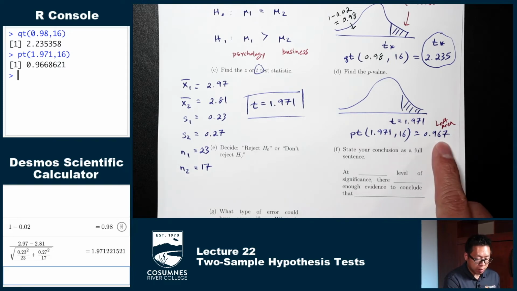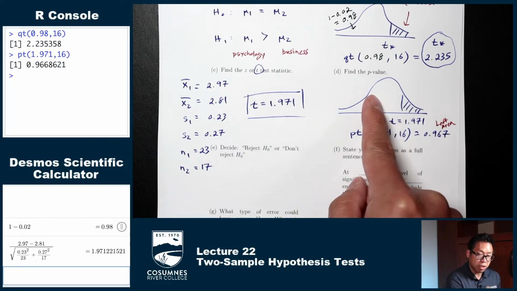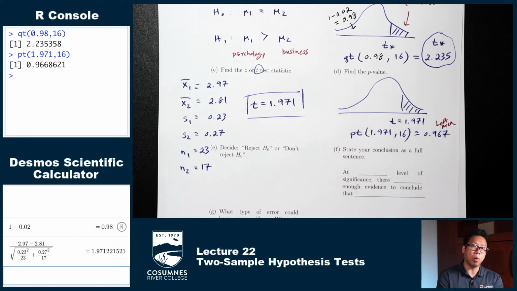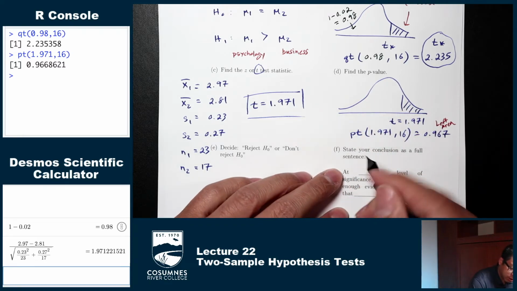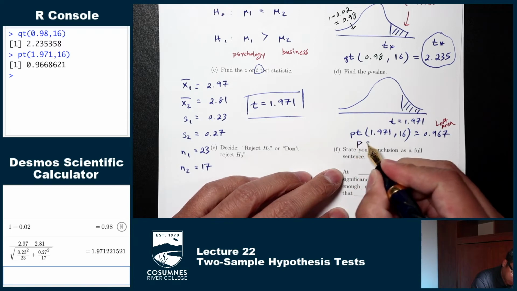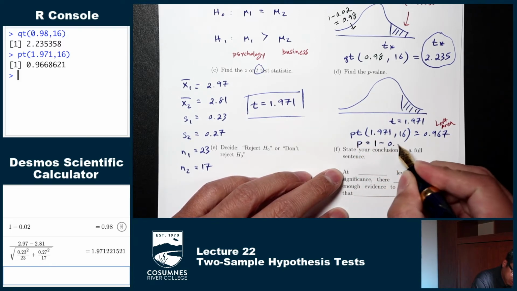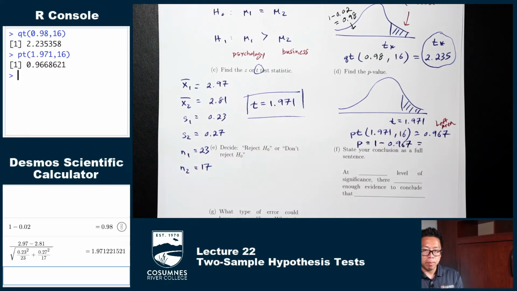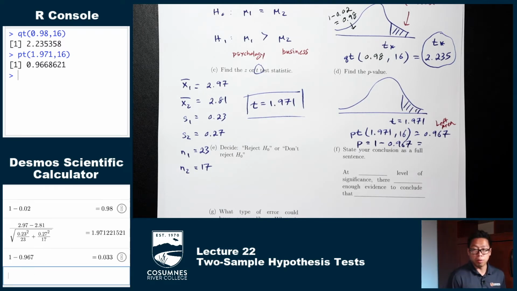So 0.967 is the left side, which is this unshaded part. To get the other side, we have to do a 1 minus. So our final answer is going to be 1 minus 0.967, which is 0.033.